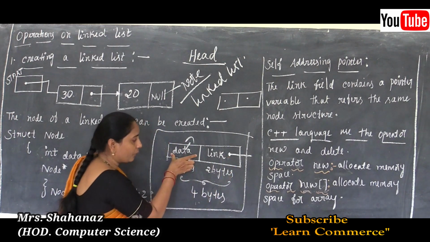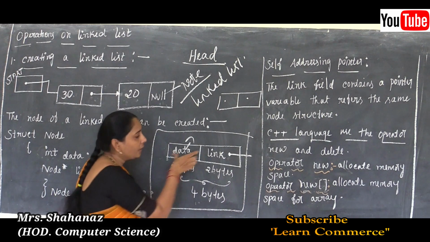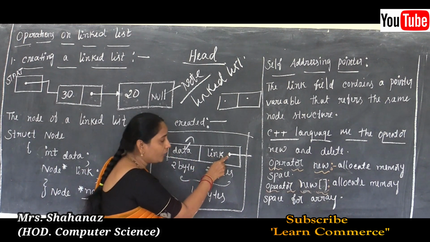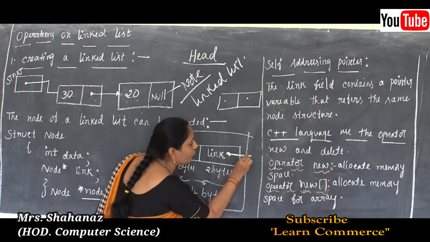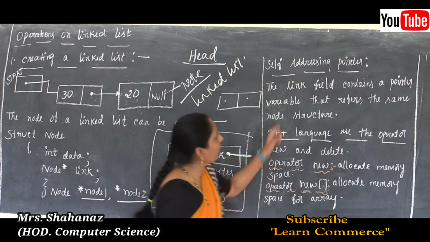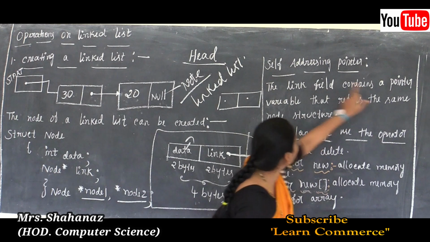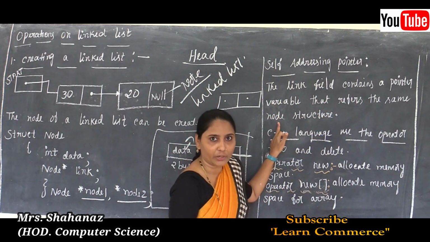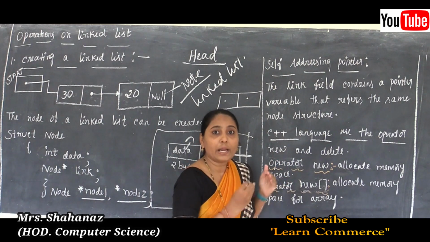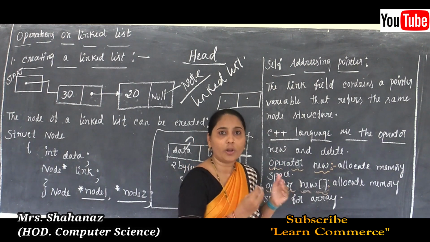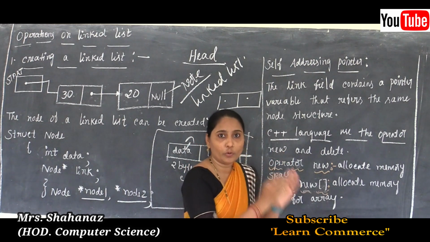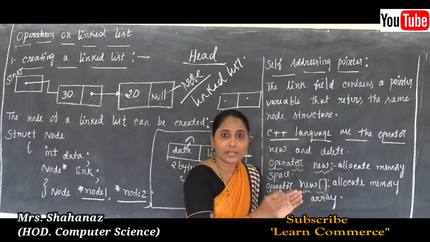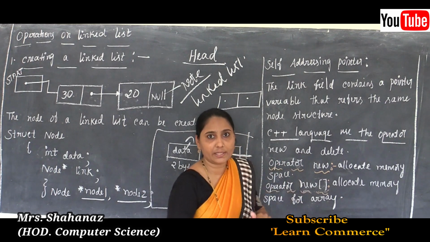In this field there is no link field, but this is called the link field here, and the link field contains the pointer variable that refers to the same node structure. If any node refers to itself... I already said that one node is referred to by another node, because one node's address is held by another node.